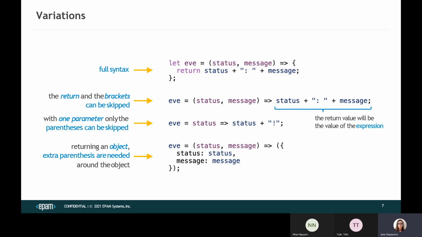What is its main feature? Aside from its variations in syntax, as I told you, you can even delete return and curly braces. Like, for example, you can see on the third line, my eve function accepts status, and because it's only one parameter, you can even let go of the braces and just use it as it is.